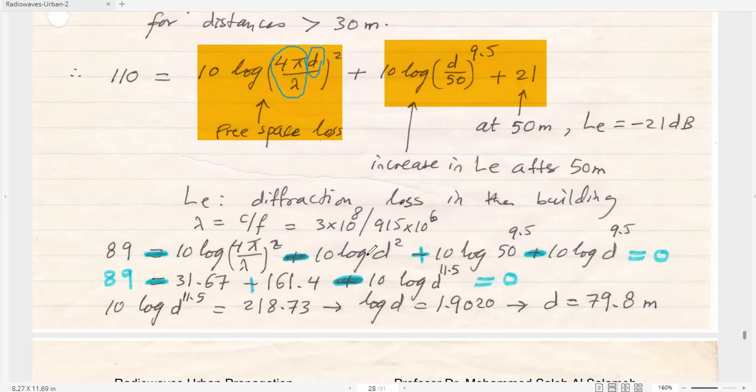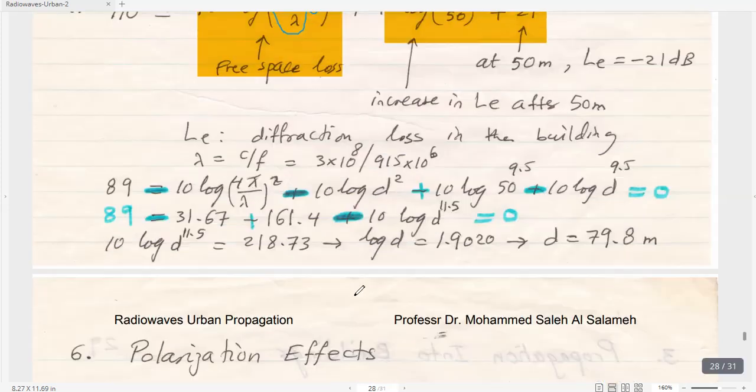This is negative because it is in the denominator. When we take it here, it will be positive, so plus 10 log 1 over d, plus 10 log 50 to the power 9.5. This is positive, so on the other side it will be negative, so minus 10 log d to the power 9.5 equals 0. That's all the terms. Substitute for lambda here, 915 megahertz, and we can find the wavelength.